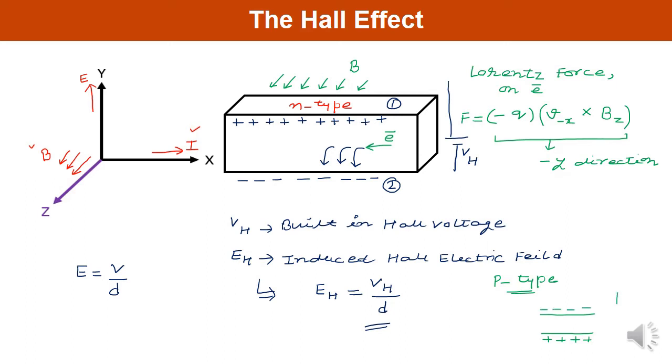In this case the Hall voltage, the built-in potential, is negative at the top and positive at the bottom, so it can be drawn like this. This is how you can understand how this force is developed and how to calculate it. Moving ahead.